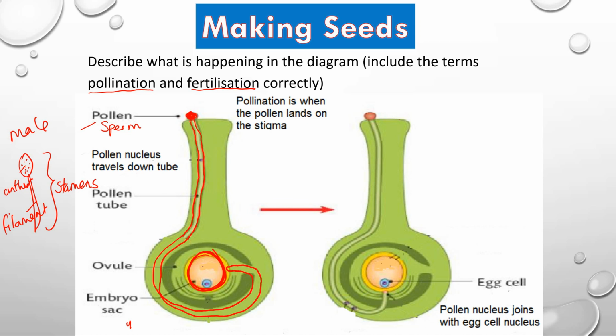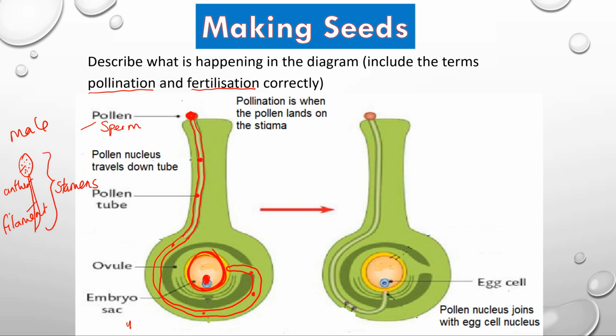And the whole pollen grain is too big to travel down that tube, and it doesn't need to. So what it does is it sends the nucleus down the tube. And as the nucleus travels down the tube, when it gets to the nucleus inside the ovule, at that moment when it joins, that is fertilization.